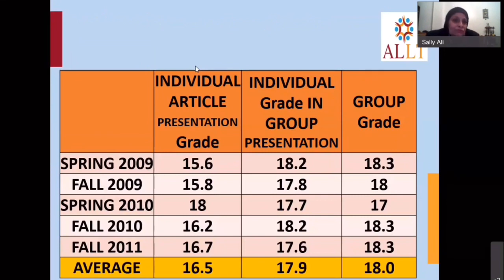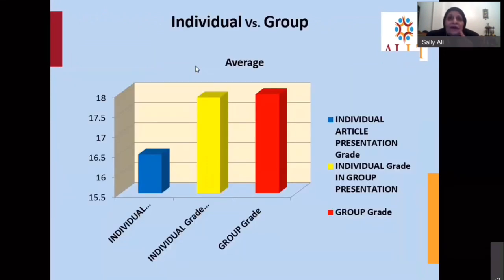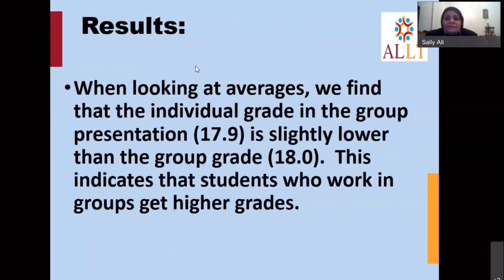The average with the individual alone is 16.5, whereas the individual within the group is 17.9, and the group grade is 18. Next, if we look at the averages, we find that the individual grade in the group is slightly lower than the group grade. And this indicates that students who work in groups get higher grades.